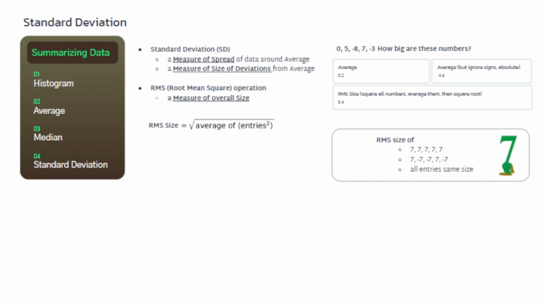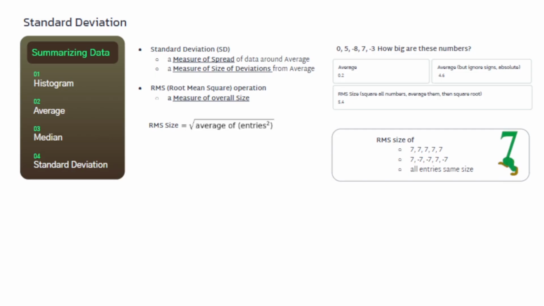What is the RMS size? How big are the numbers? If you give a number on how large they are, again, you are talking about the absolute size of the numbers, not the signs, and the result is 7 again. For both lists, the RMS size is 7.